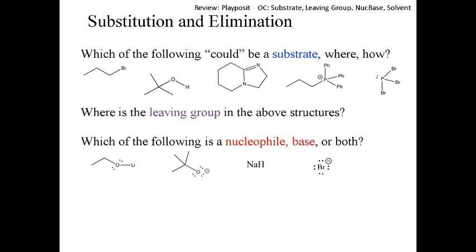Yeah. Because both of them donate electrons, we're just trying to figure out what they're going to donate electrons to. Nucleophiles donate the electrons typically to carbon, but really anything. We'll just say any. And bases donate electrons to hydrogen. Okay?